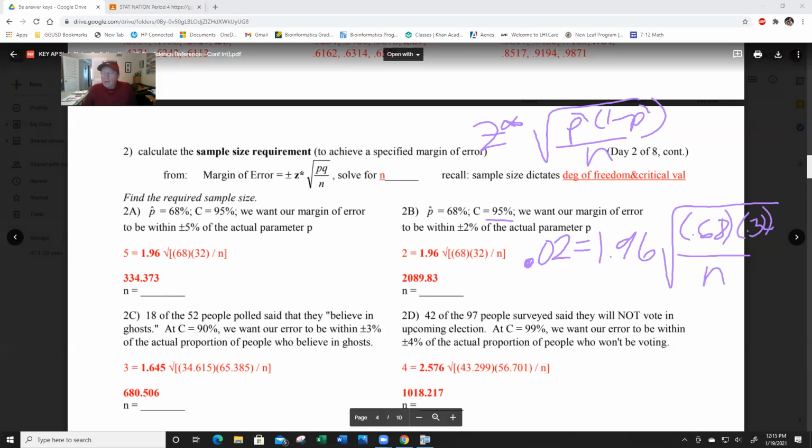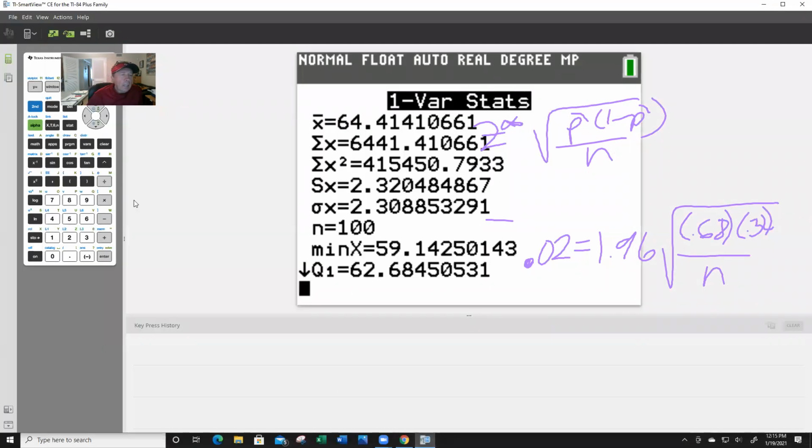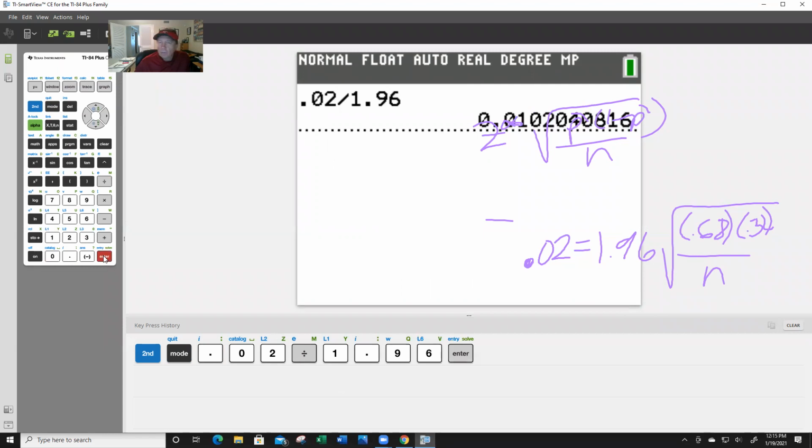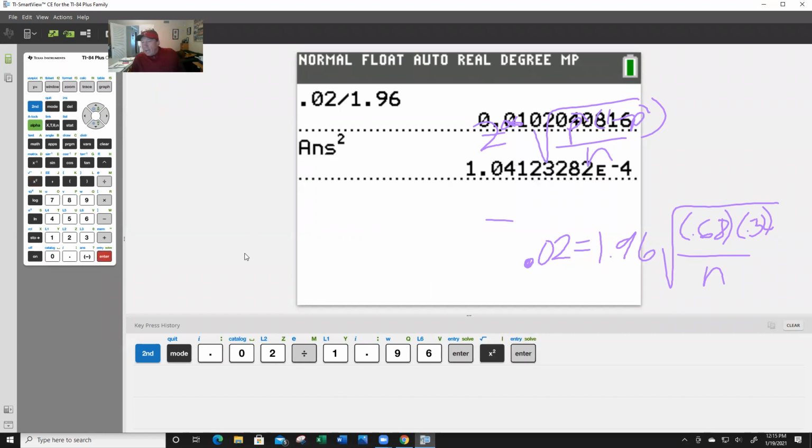When you solve that, in fact, let me do this one for you just in case you get stuck. I'm going to take 0.02 and divide it by 1.96. Hit enter. Now I'm going to square it. See if you can. I'm going to get a crazy answer.